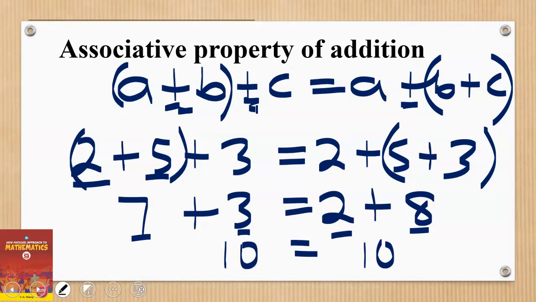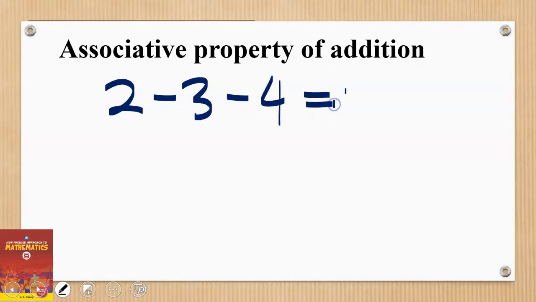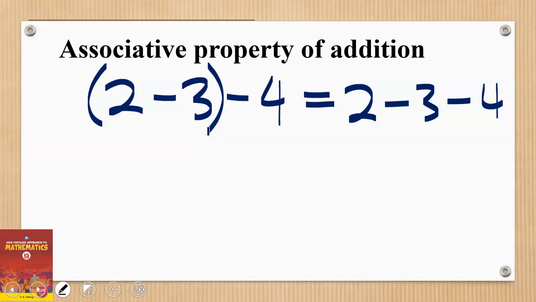Let's take examples and see how we can apply this. But before we do that, can this same thing work for subtraction? Okay, if I have 2 minus 3 minus 4, 2 minus 3 minus 4, I've written the same thing. So ideally, in simplifying, the left hand side should be equal to the right hand side. Let me start with 2 minus 3.